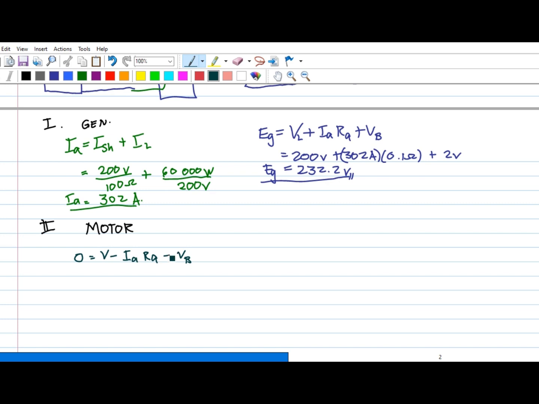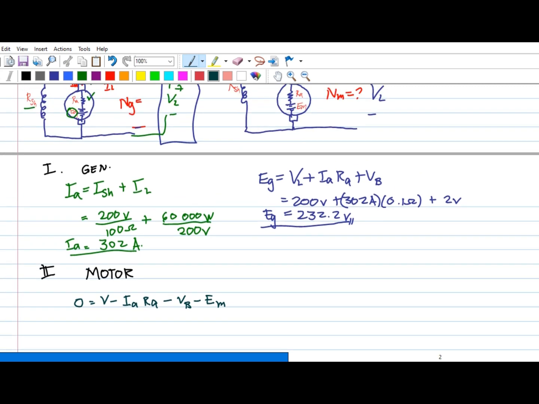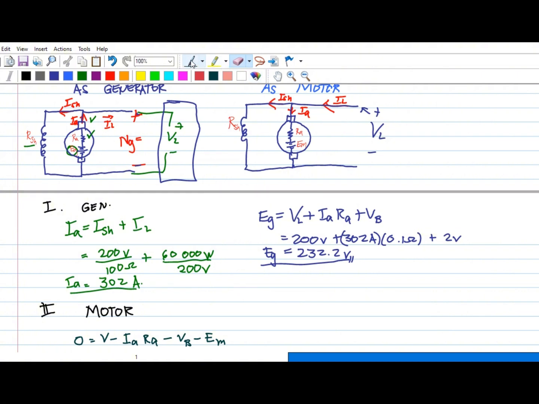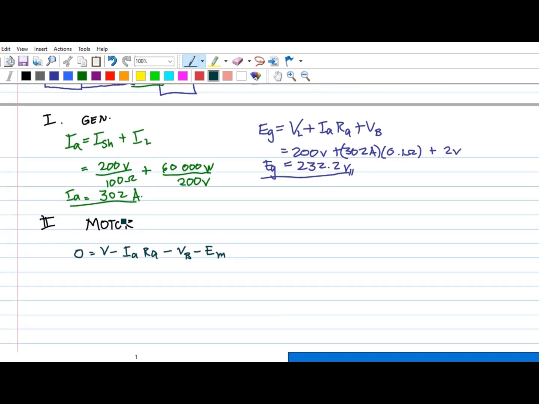As motor, from the mesh here, 0 is equal to V_L minus I_A R_A minus E_M, and minus the brush contact voltage drop.